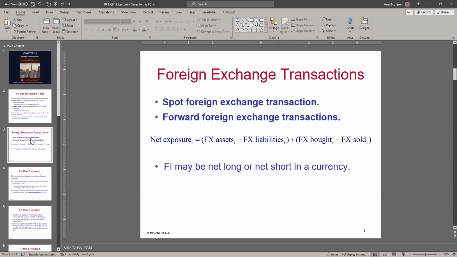Just so this, for those that maybe are not aware, this will help make a little more sense of what I mean by foreign exchange assets. An international company, whether it's a financial institution or any other company that has entities in more than one country, some of the assets may be listed, let's say, in United States dollars, and then some assets may be listed as the currency of the other country, because that's where those assets are. They're not being transferred yet. Cash is an example. Current assets, you have cash, right?